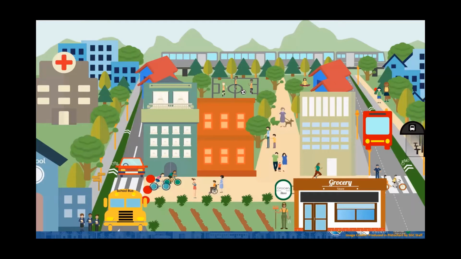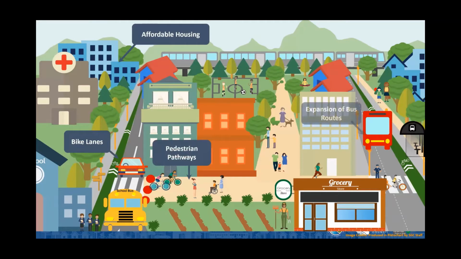So keep that in mind. Some of the samples would be affordable housing, greenery, bike lanes, pedestrian pathways, expansion of bus routes, bus shelters, sidewalks, and urban greenery.